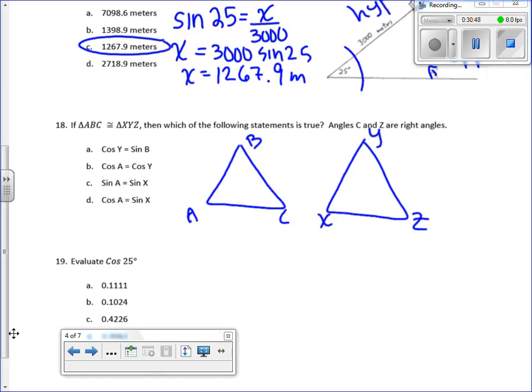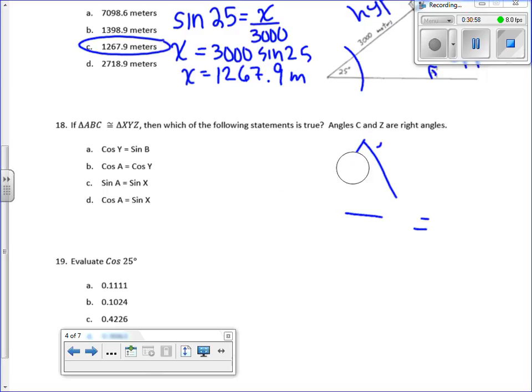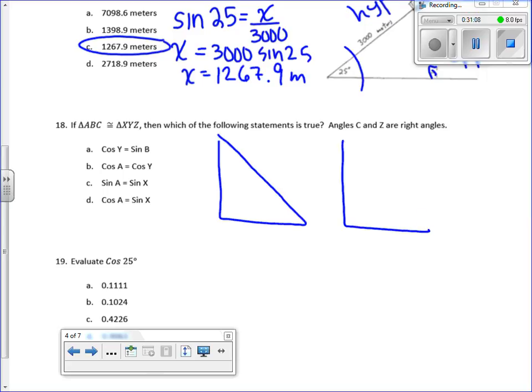And, oops, those pictures are horrible. Now, I didn't read the whole question first. It says that angles C and Z are right angles. So, we're studying right triangle trigonometry. I don't know what I was thinking. All right. So, let's try this again and draw some right triangles.